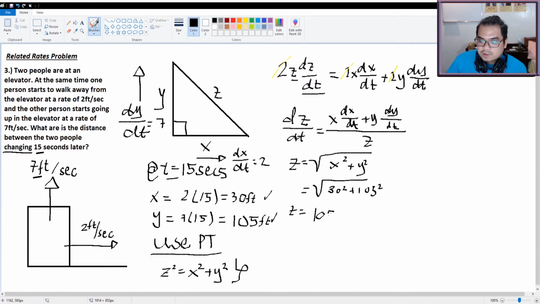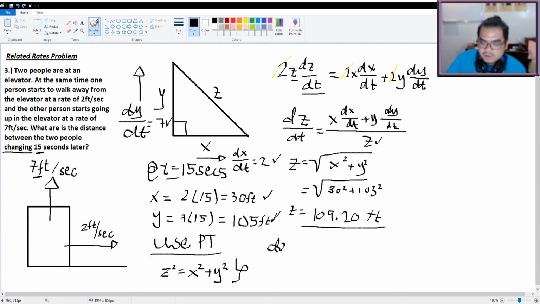You'll have 109.20. This must be in feet. Okay, so all you have to do is substitute 109.2 to z, 30 feet to x, y is 105, dx over dt is 2, and dy over dt is 7.